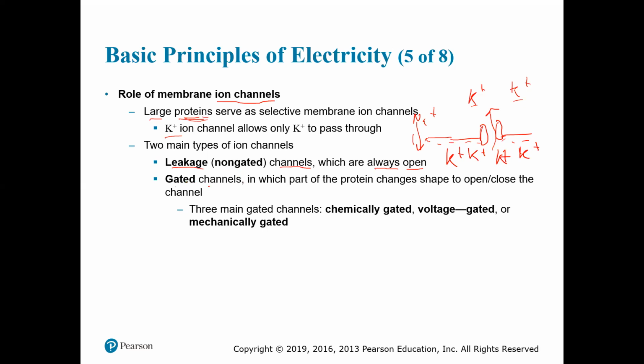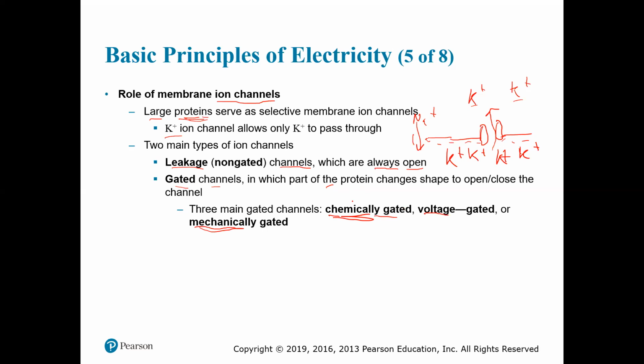Gated channels, now again, proteins within the membrane that open and close due to, sometimes chemically, like a neurotransmitter. Sometimes it happens through mechanical, right? Pressure, like on a dendrite. And another way is voltage change along the membrane, which usually comes from a stimulus.